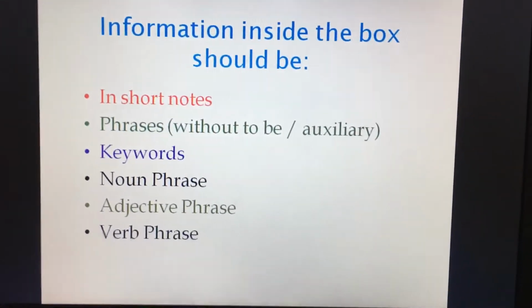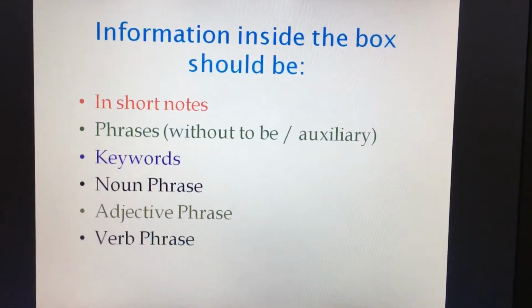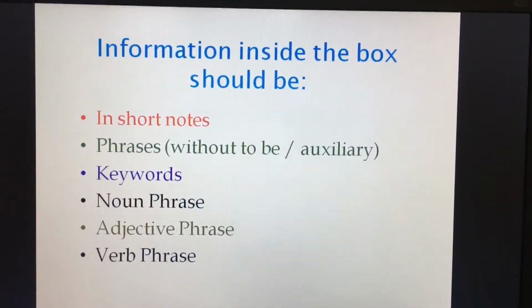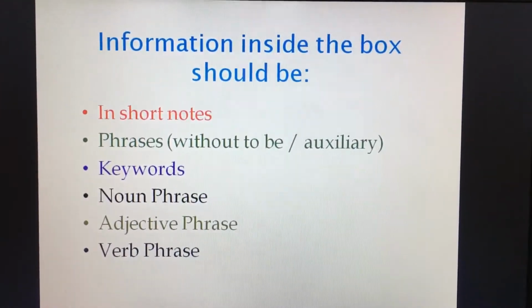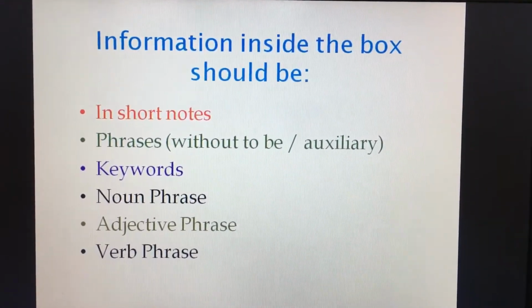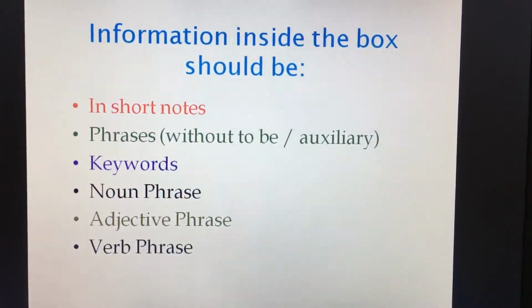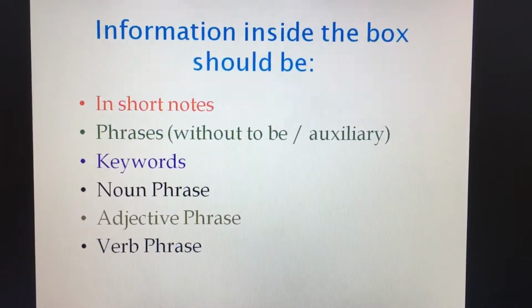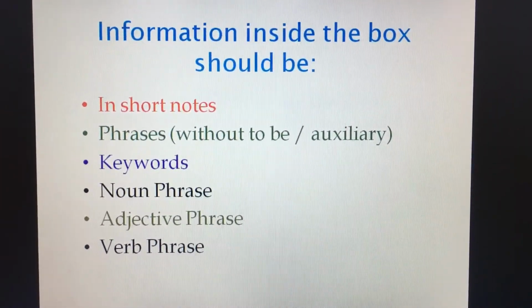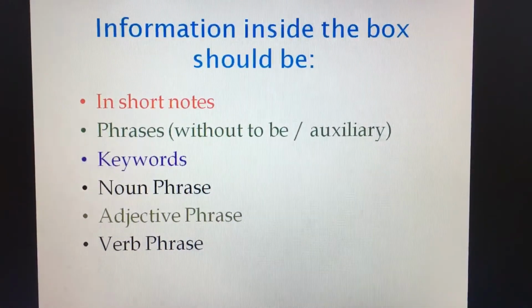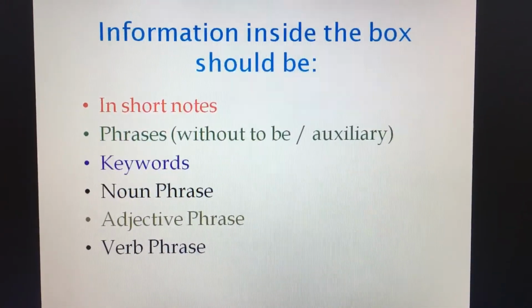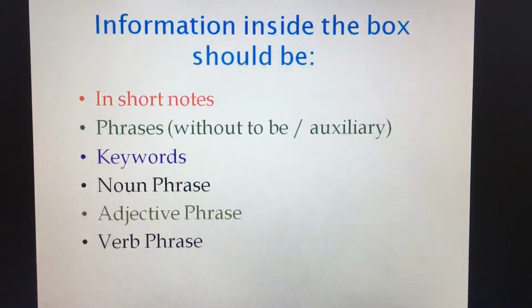First of all, let us have a look at the information that should be included in the boxes of the flowcharts. You must remember that you need to write down 5 rectangular boxes in the flowchart, which I will show later. But most importantly, you need to know what items you need to collect from the extract.